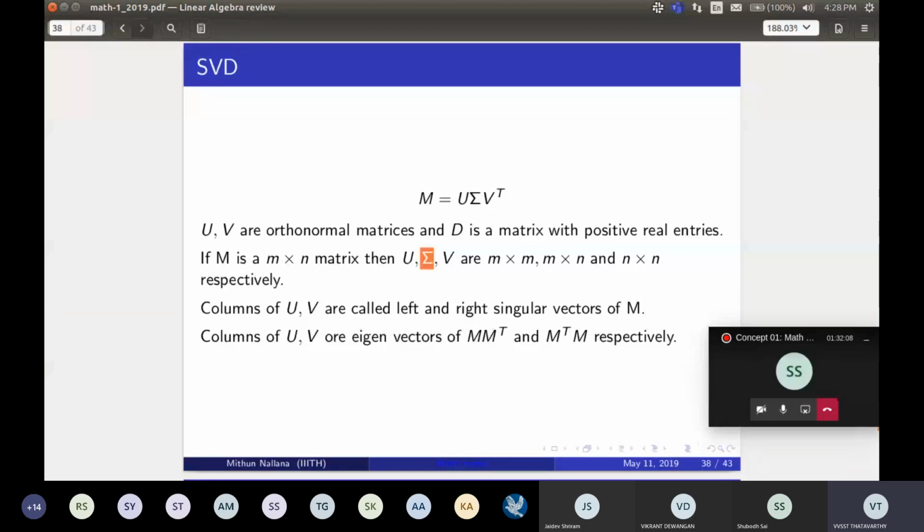You'll also see that SVD is of very particular importance in solving linear least squares problems. There are various decompositions that will help us in solving linear systems of equations.